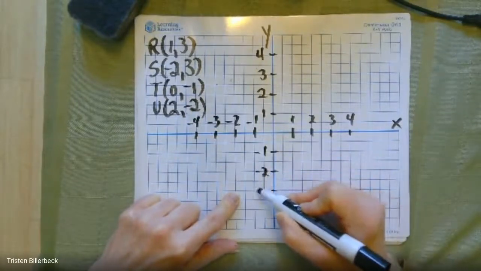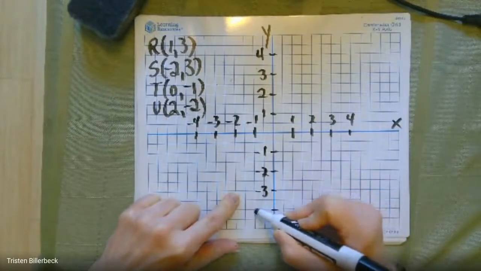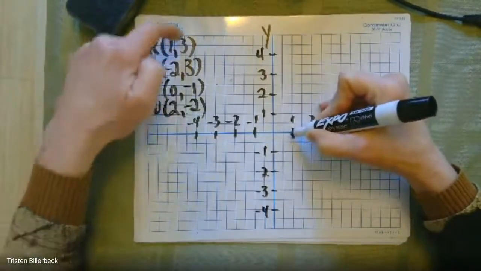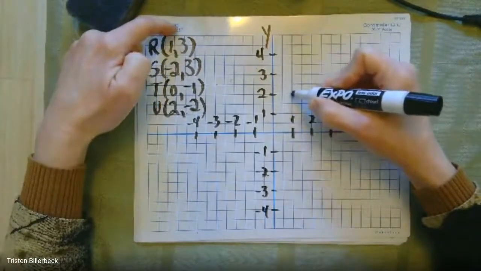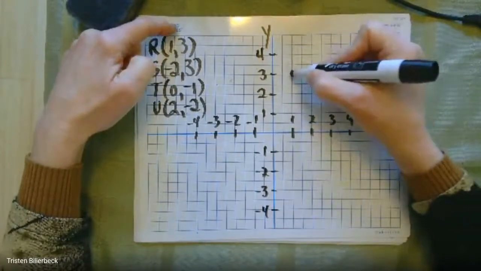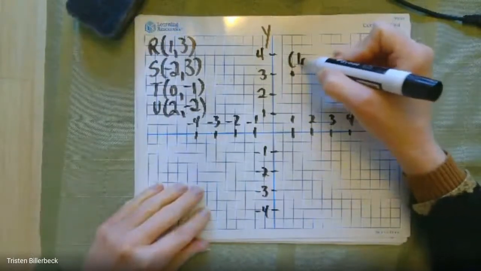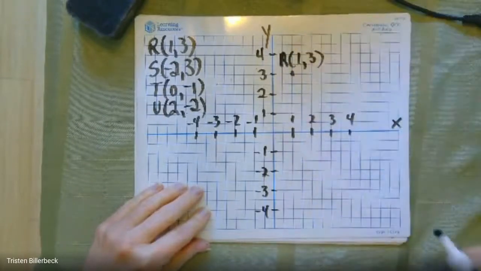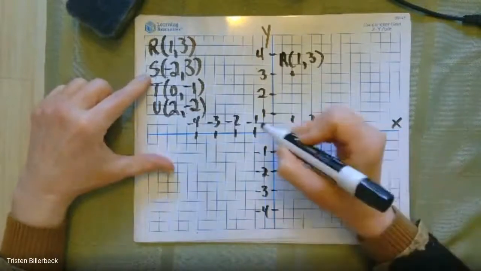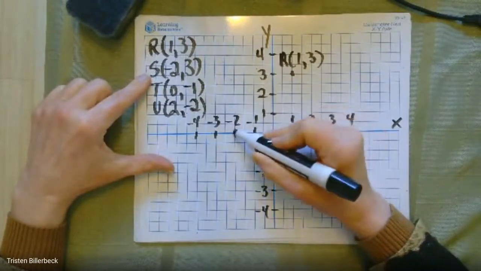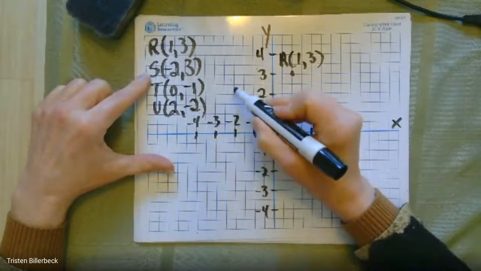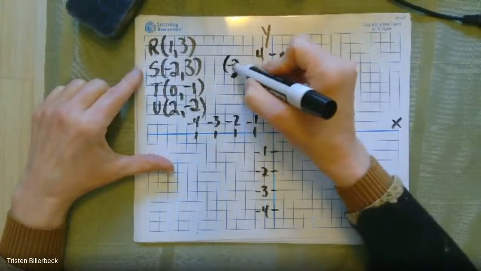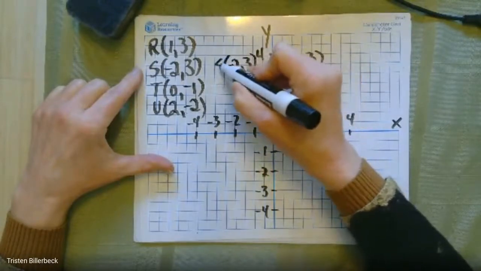Since this data is going to be close, I'm spreading it out. If I go to 1 on the x and 3 up, 1, 2, 3, this coordinate is 1, 3, which is R. Now at negative 2 on the x, so 1, 2, and up 3, 1, 2, 3. So this one's negative 2, 3, and this is S.